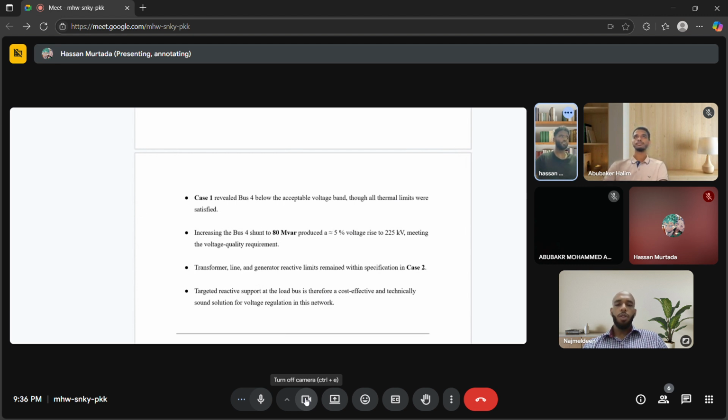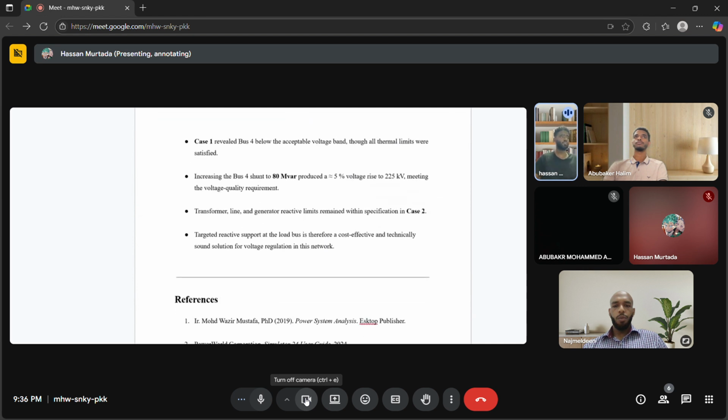Increasing the bus 4 shunt to 80 MVAR produced a 5% voltage rise to 225 kV, meeting the voltage quality requirement. Transformer, line and generator reactive limits remained within specification in case 2, and the targeted reactive support at the load bus is therefore a cost-effective and technically sound solution for voltage regulation in this network.